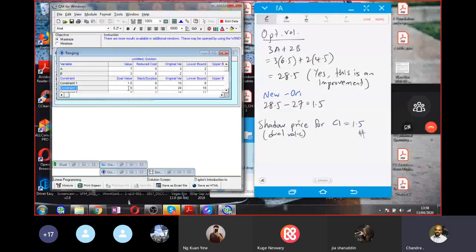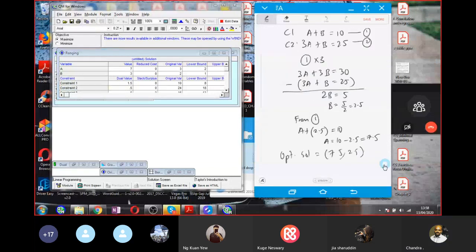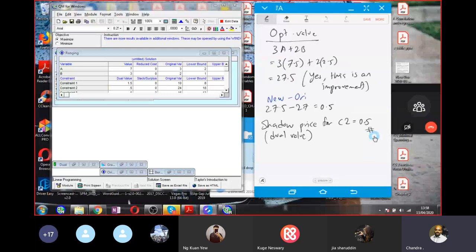How much is the value? 0.5. That's how you compute and that's how you check. So you can check your shadow price in the QM software once you have done the computation also. Double check. Just in case you made any mistake, you can rectify that.